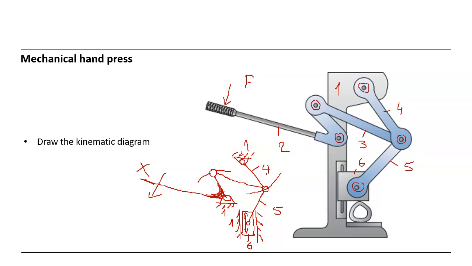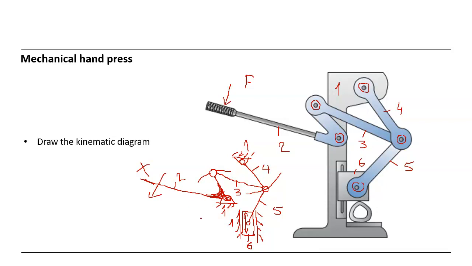I say 5, 4, and this is 3. Okay, 3, and this is 2. Okay, 2, and this is 6. Okay, here, 6. Okay, 1, 2, 3, 4, 5, 6 elements. So if I apply the motion here in that direction, it has to turn around this point, this is the center of the motion.